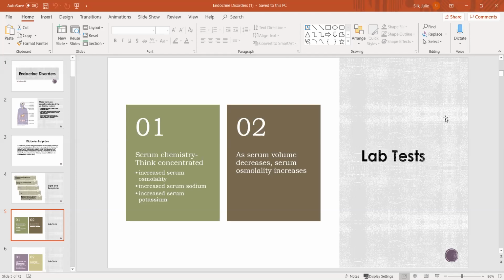Picture if you had a glass of Kool-Aid or something. This is milk here, but look at my glass of milk. If this was water and I put in some powder, like I was going to make a glass of Kool-Aid, and I don't have enough fluid in there, what happens to my Kool-Aid?